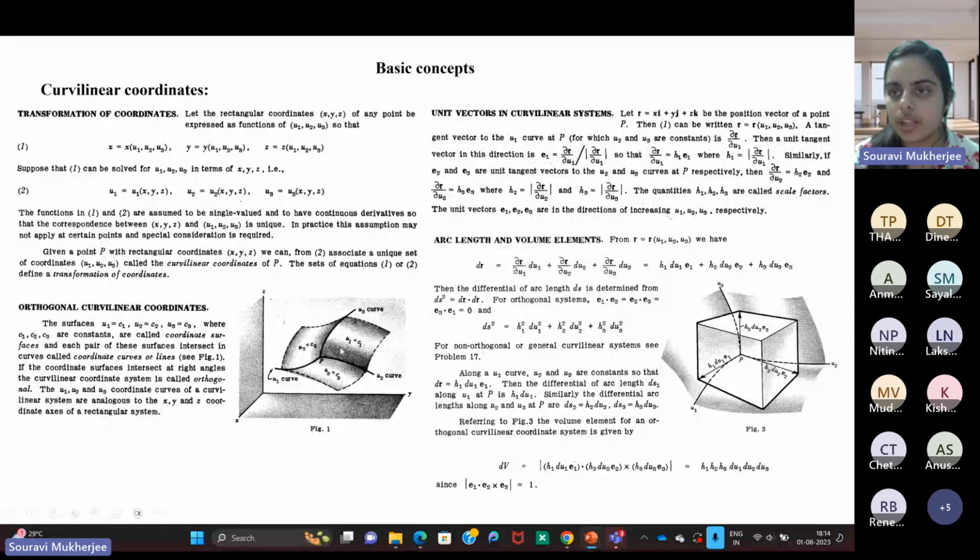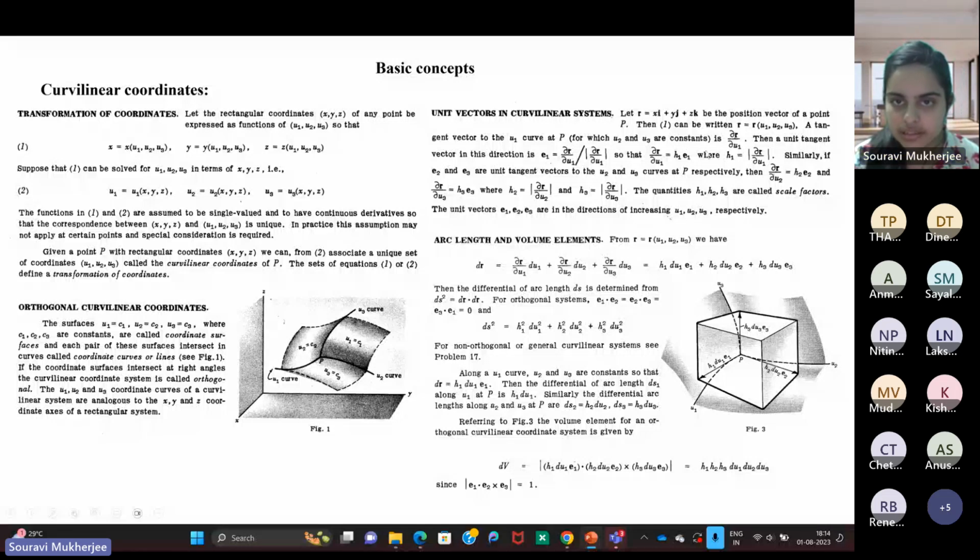So for that, you draw a tangent vector to the u1 curve, for which u2 and u3 are constant. So what you are doing is del r del u1. This is in a way telling you how r is changing along u1, right?